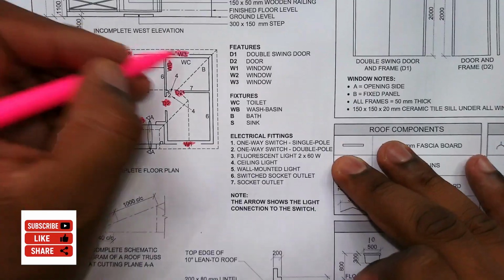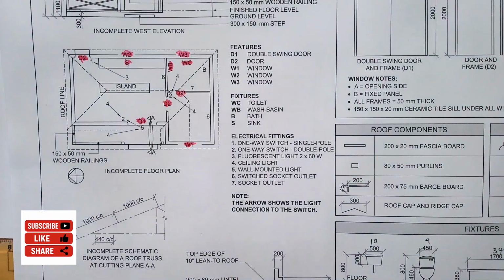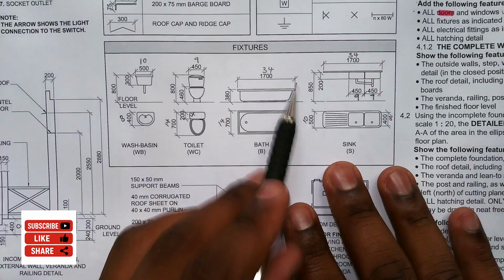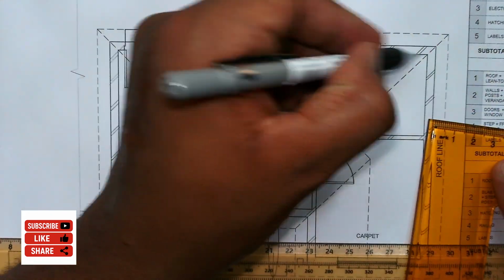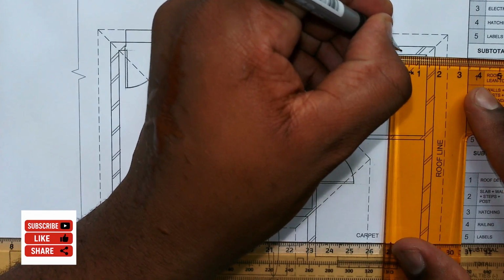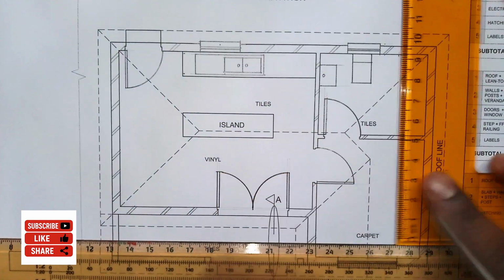So now that means I have to draw in the bath there. The length of the bath is 34, and the depth is 14. So I'll place it at the corner there. The depth is 14, so I'll just mark 14 there and draw a line.